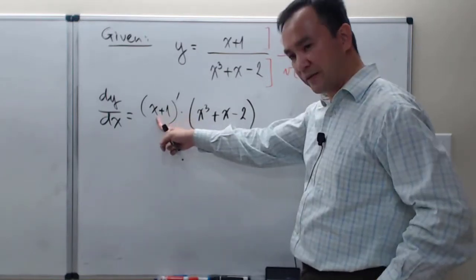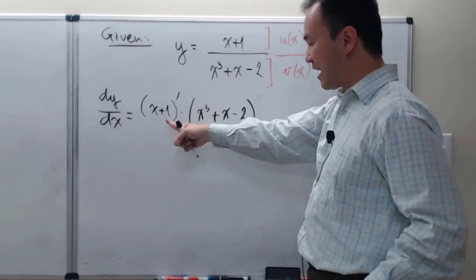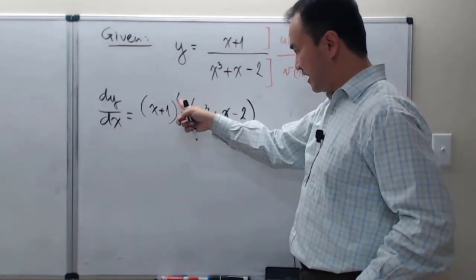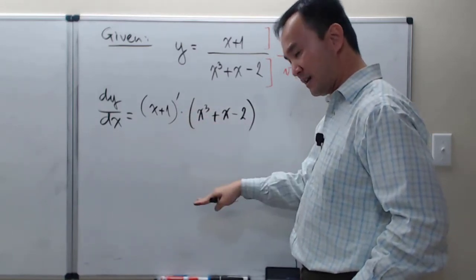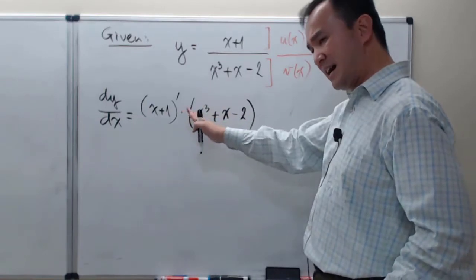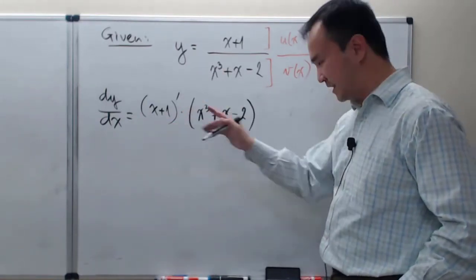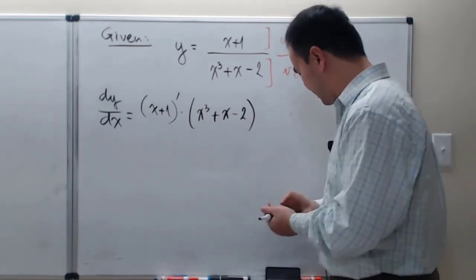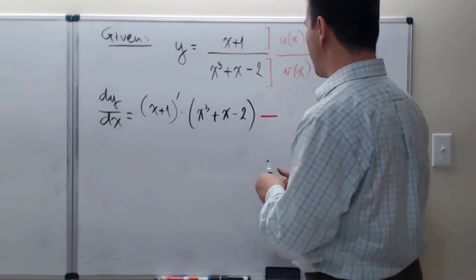We take the derivative of one function, here the priority is the top one, so we start with the top one first, take its derivative and multiply with the other one, the denominator, keeping it the same. But for the product rule it was plus. Here we are subtracting.